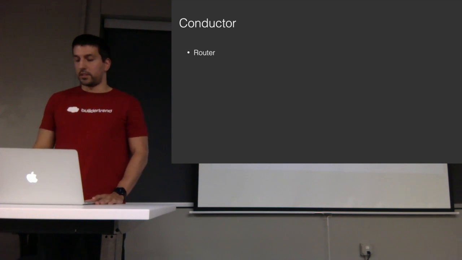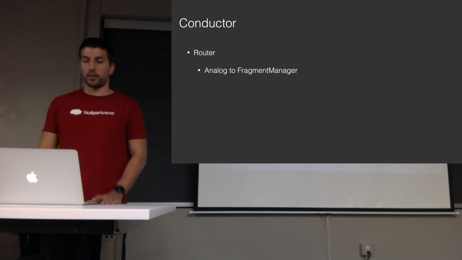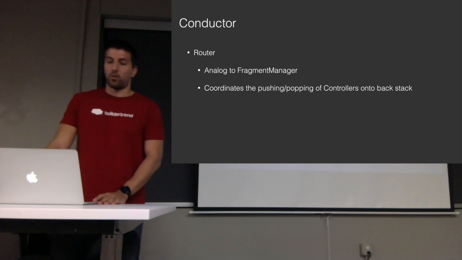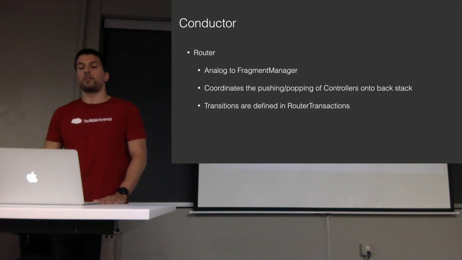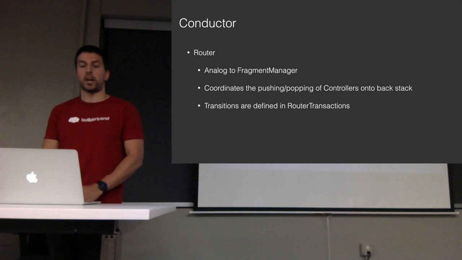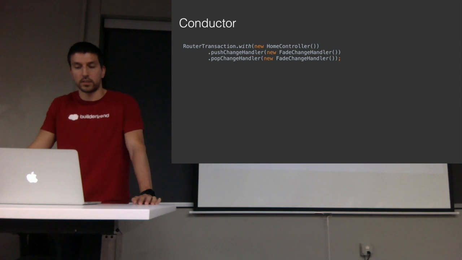The router is the analog to the FragmentManager, so that is your interface to the controller backstack in Conductor. It coordinates the pushing and popping of controllers, and it also takes in router transactions, which can define transitions. So a very simple transaction would look like this.